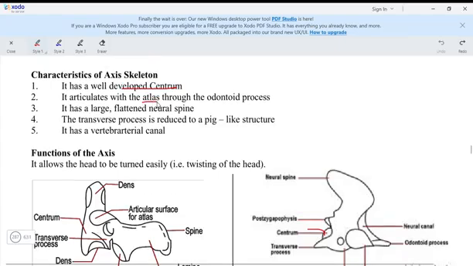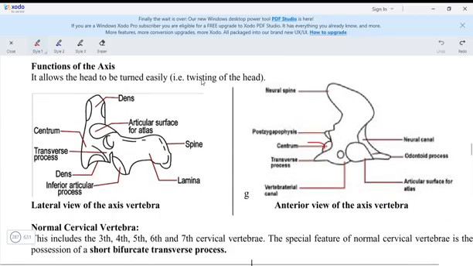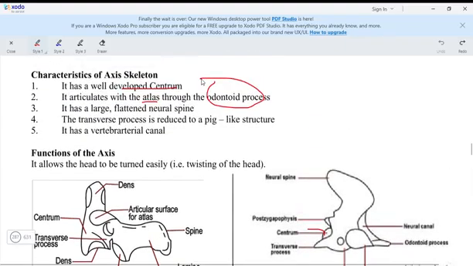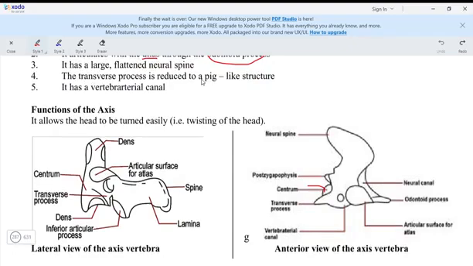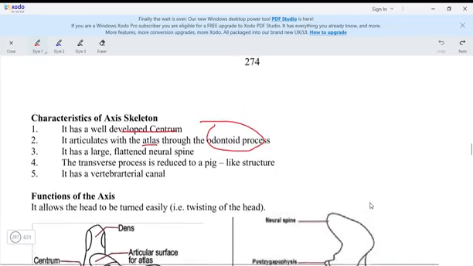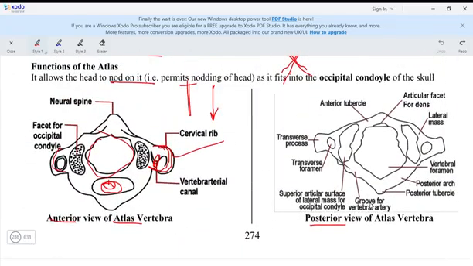So it means axis always joins with the atlas through what we call the odontoid process. It means there is a bone that connects atlas with axis. See, this is the odontoid. It's the one that always enters into or joins with the atlas at the occipital condyle.